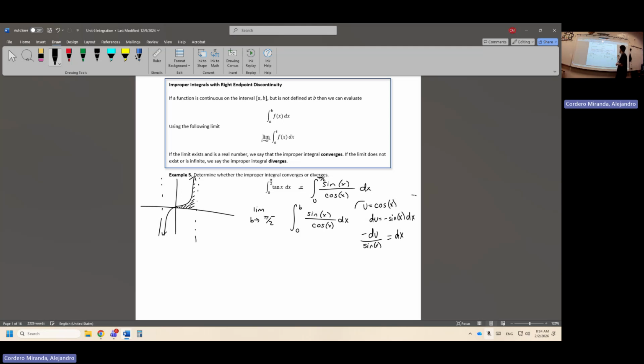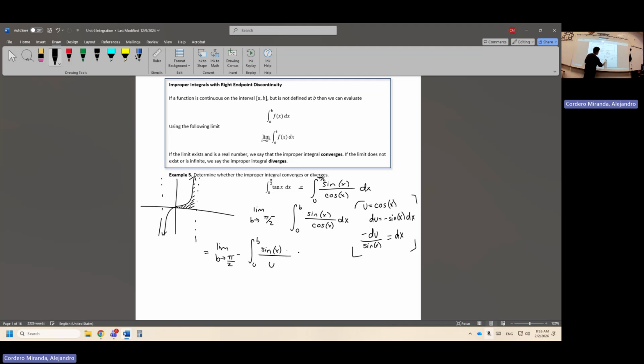All right, this is me going fast, but let me know if you need the reminder. You make U be cosine, that way du is negative sine, and then when you solve for dx, the signs will cancel. So here's where we are. Limit as b goes to pi over 2 from the left, 0 to b. Here I'm showing all my work, but you could probably skip this if you see what's going to happen.